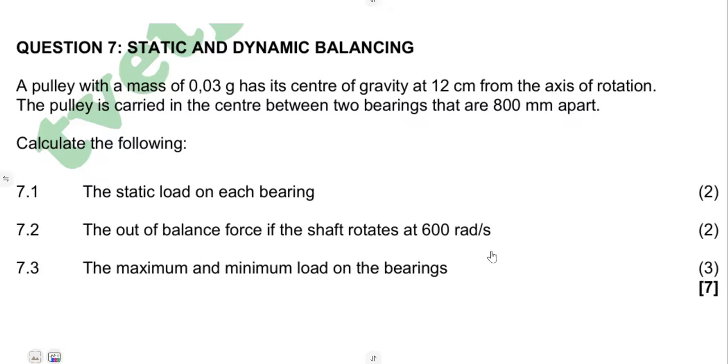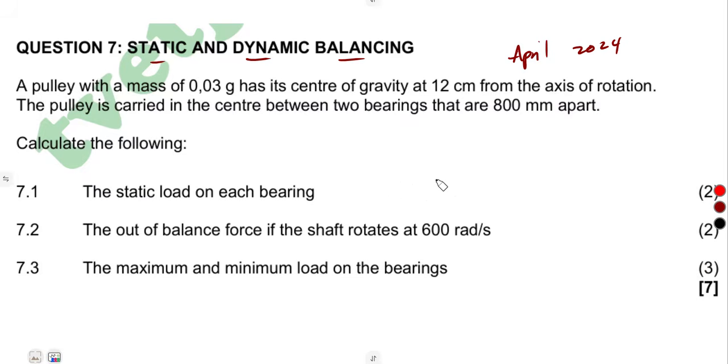So another question that we are going to work on as part of revision on our static and dynamic balancing. This is the April 2024 exam, just a basic question that we are going to quickly look into. I have done a similar question like this in our introductions.